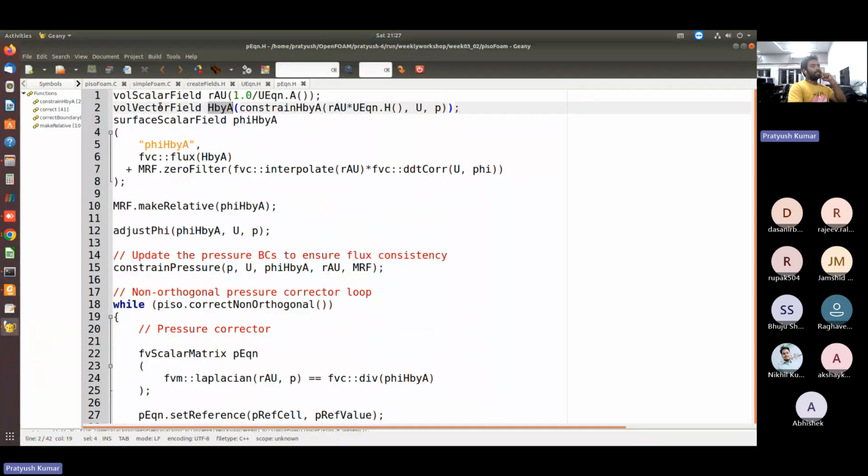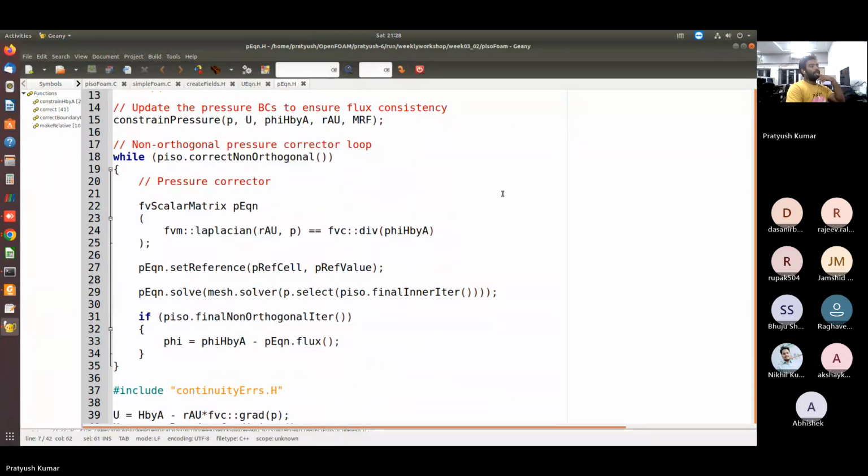Since this is a volume vector field, we need to calculate the surface scalar field of this term, that is the HbyA. So using this flux term, fvc::flux(HbyA), is going to give you a surface scalar field. Now this is something related to the MRF: if a moving mesh zone is given in your problem, then this is related to that.